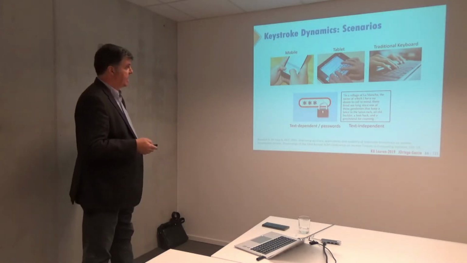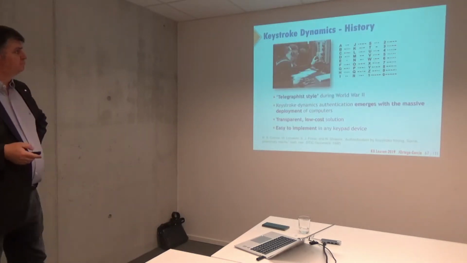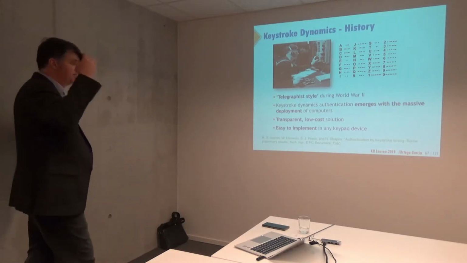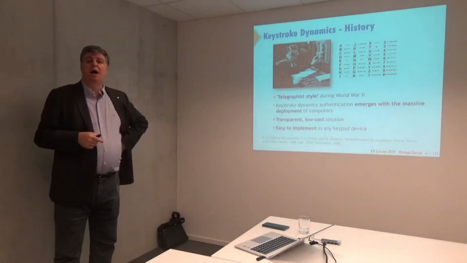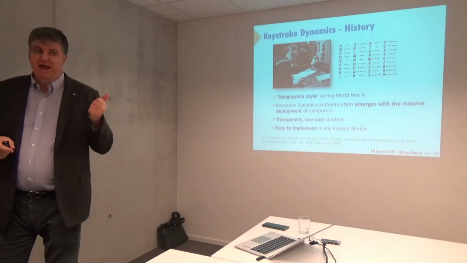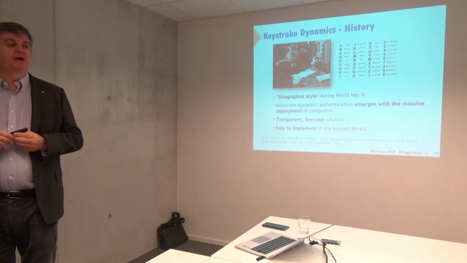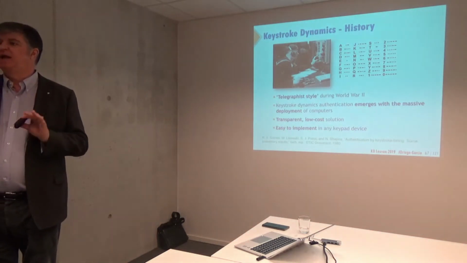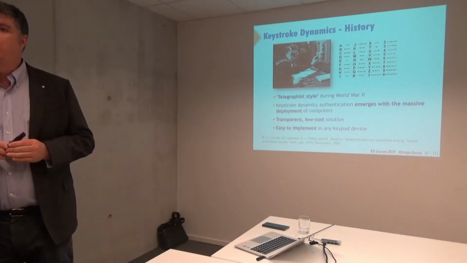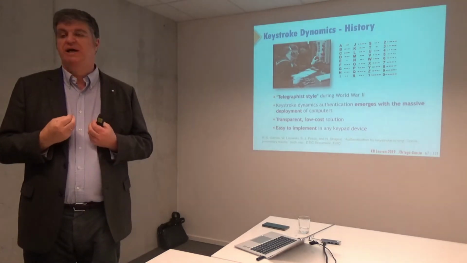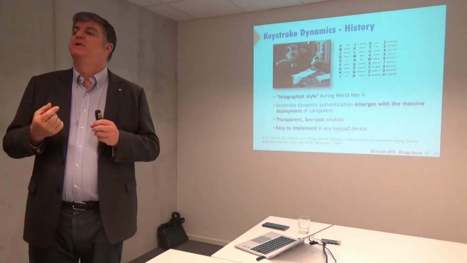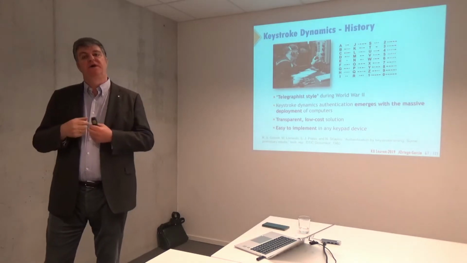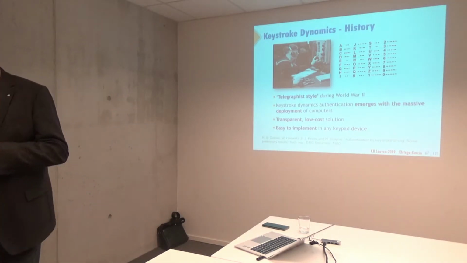These are different scenarios. Some history, these were the telegraphists in World War II. They could know who was the colleague on the other point of the telegraphy network. They were able to identify who was the guy by listening to the way the other telegraphist was doing his job.